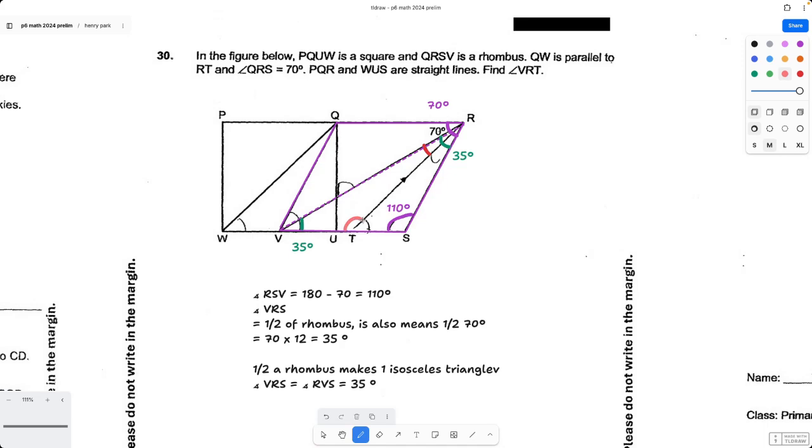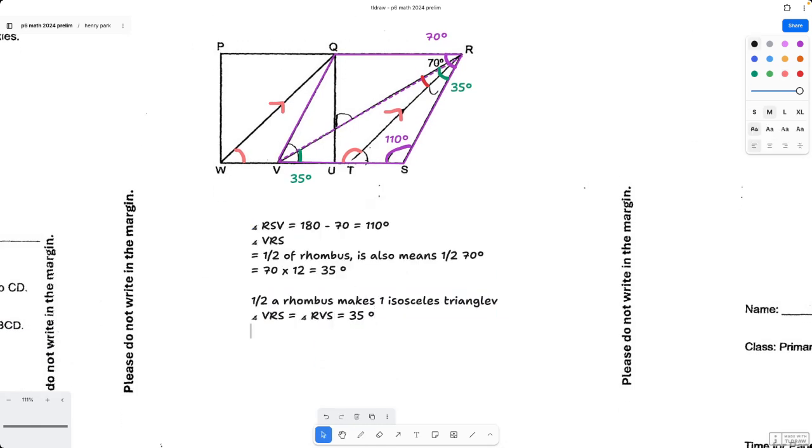We also know that QW is parallel to RT. So I'm going to draw this out. QW is parallel to RT, that's what you see over here. At the same time, what do you think this angle is? This angle is half of the square over here.